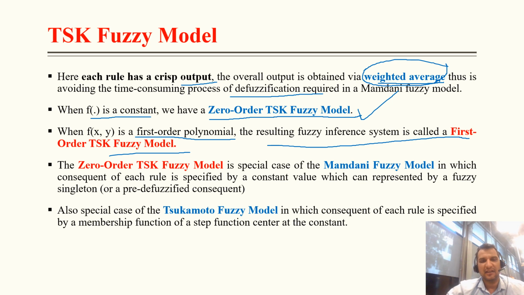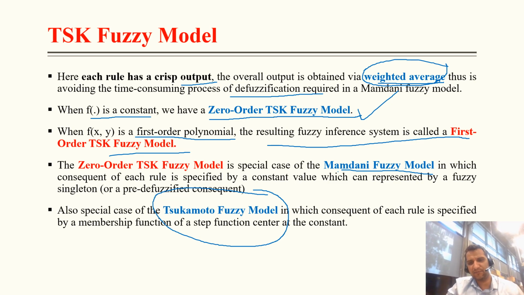The zero order TSK fuzzy model is a special case of the Mamdani fuzzy model. There is another model also available, but I will not cover it because it is not so important from the final exam point of view.